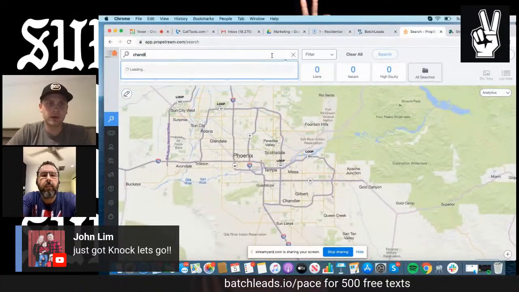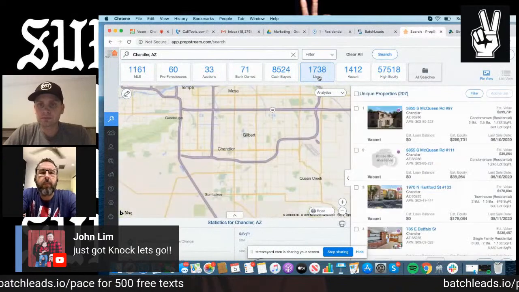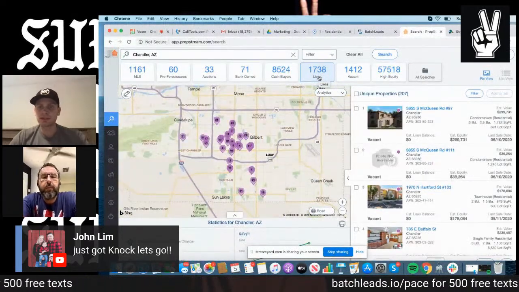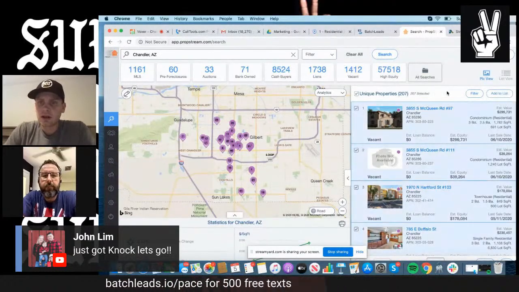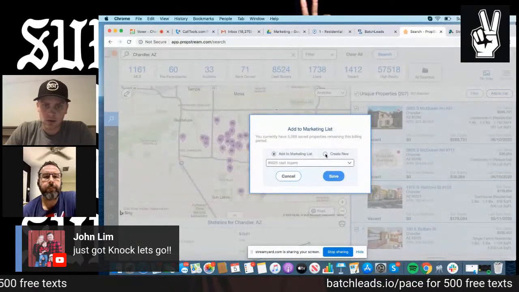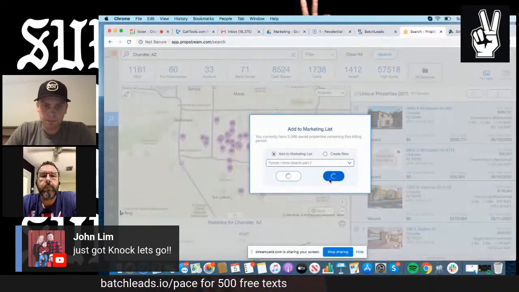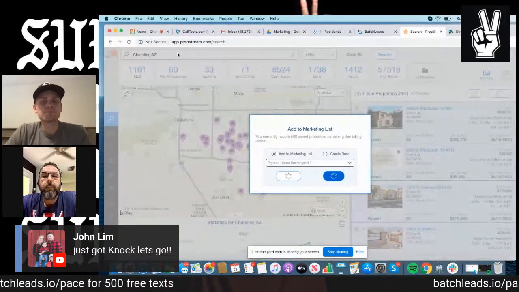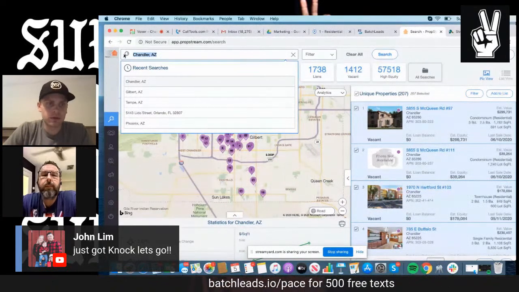All right, let's see what we can pull up with this list. So this is definitely a lot bigger. So we have 207 properties on here for Chandler. So let's go ahead and add this. Okay, and then we'll go to Gilbert as well.